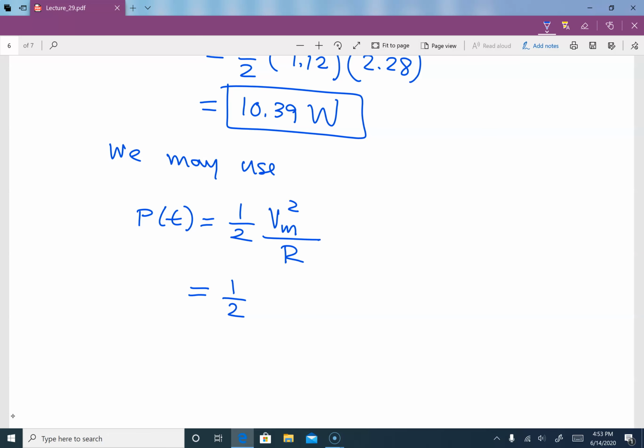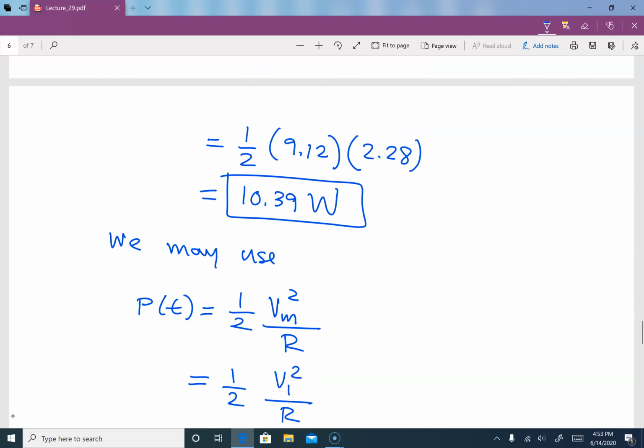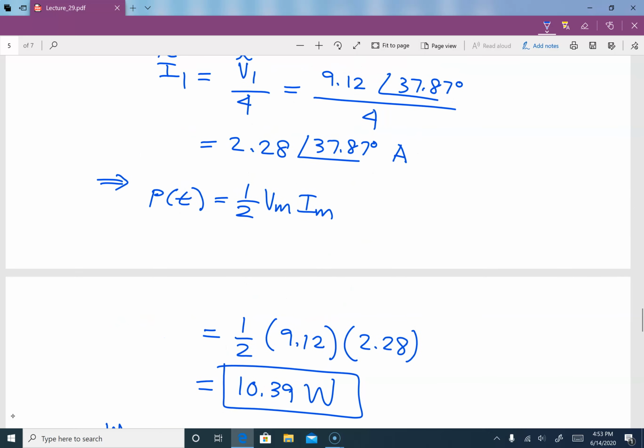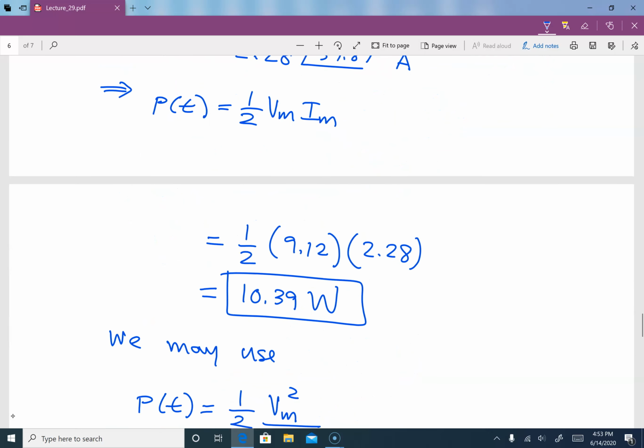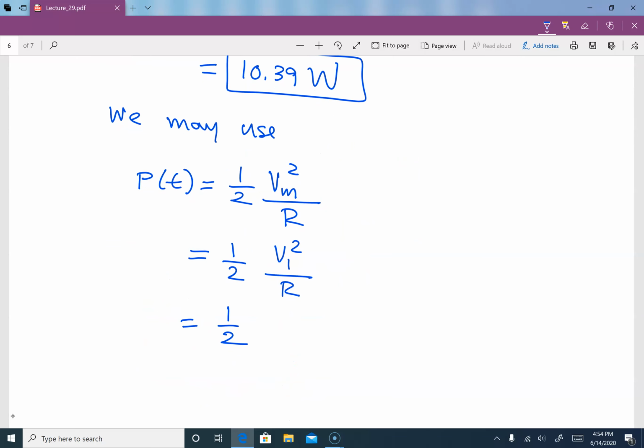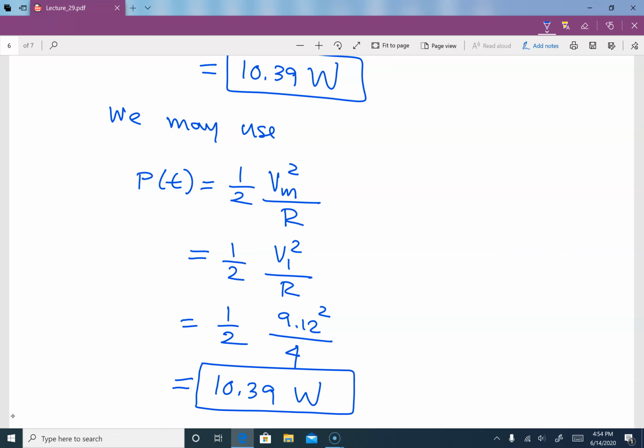So that is 1/2 V1 squared divided by R, and that is 1/2, and we said that the V1 is 9.12 squared divided by 4, and then we will get 10.39 watts, which is the same as before.